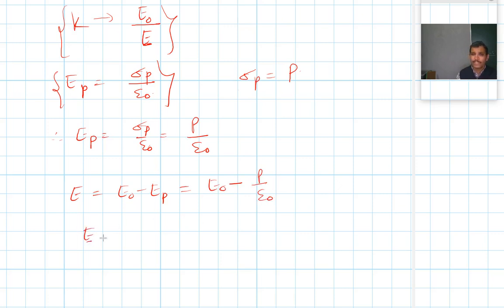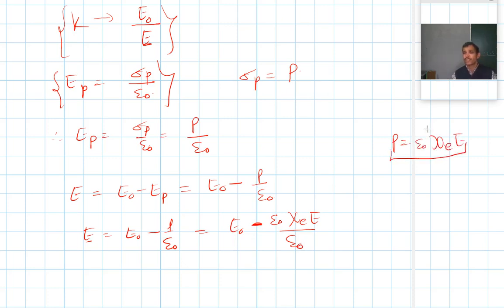So that means E is equal to E naught minus P over epsilon naught, but this P is basically epsilon naught chi E times E, because P is equal to epsilon naught chi E E. This we have defined during the definition of chi E, or the electric susceptibility, right?